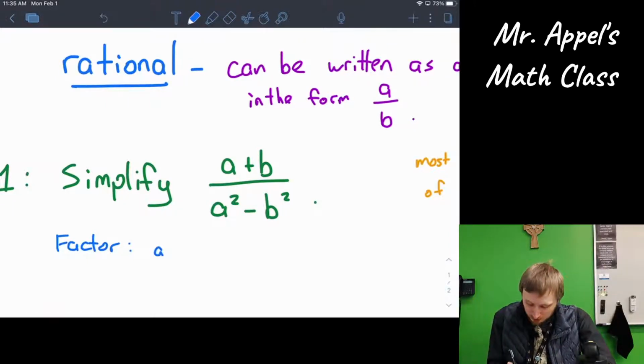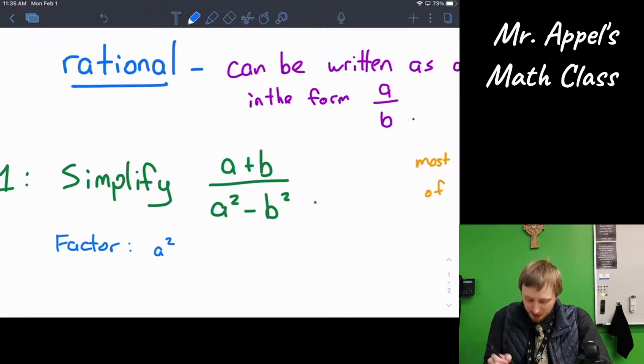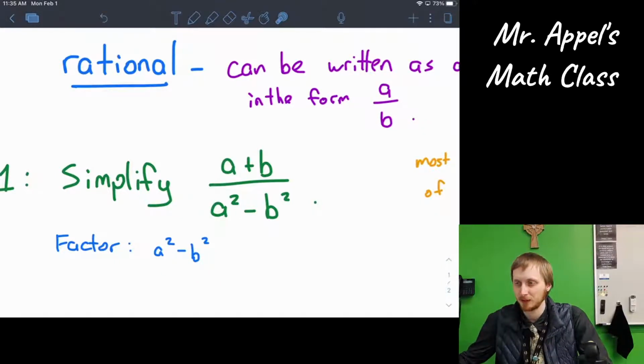But down here I have a squared. A squared means a times a. Something is being multiplied. In fact, does anyone recognize what type of special thing this is? It's not just any binomial. Think back to your special products.